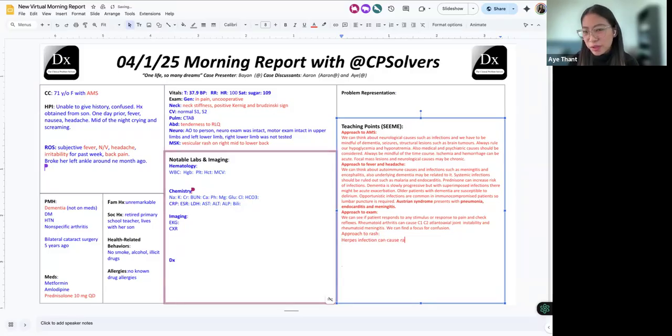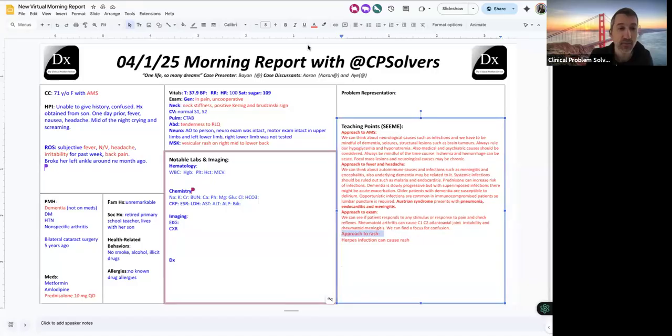Yeah, the herpes virus group. And this one being in a very specific spot, unilateral, on the right mid to lower back. Any particular one of those you would think of the most?